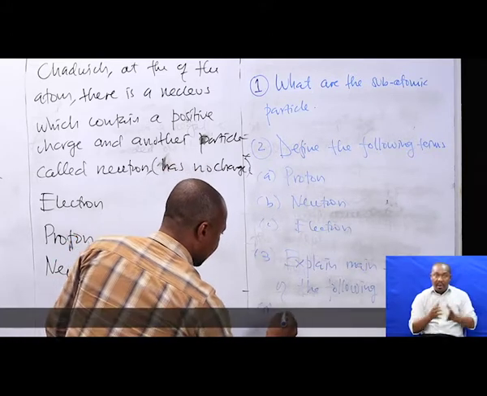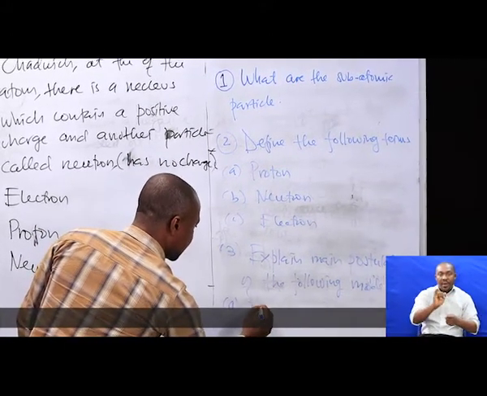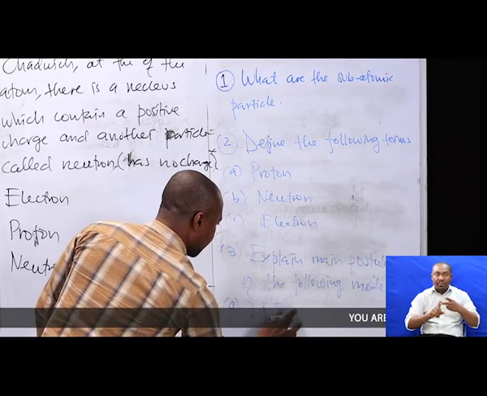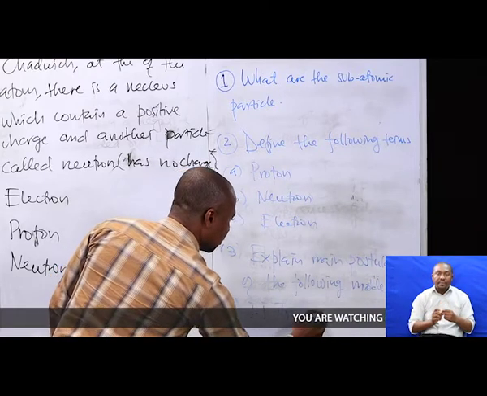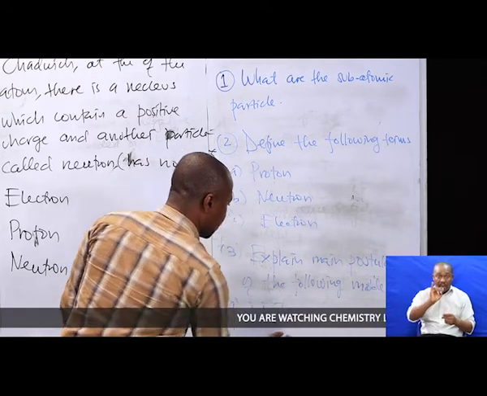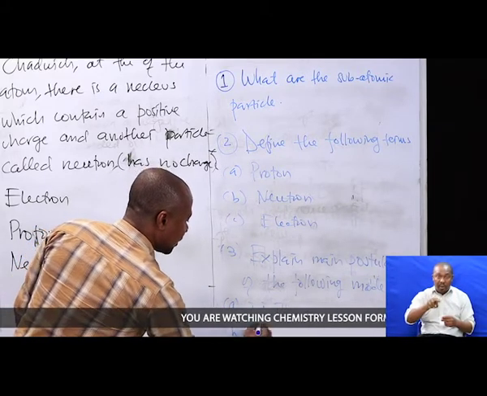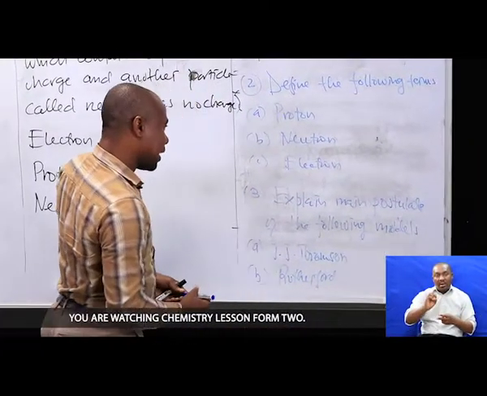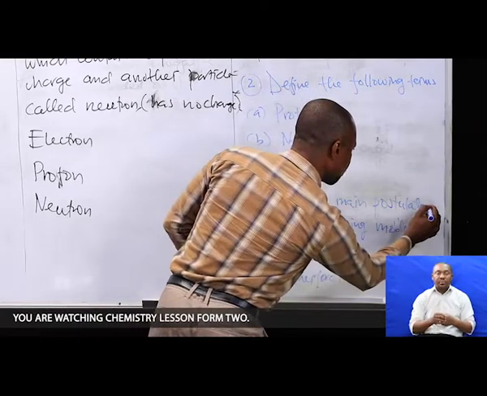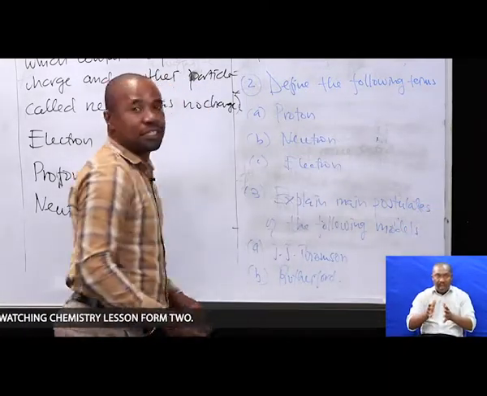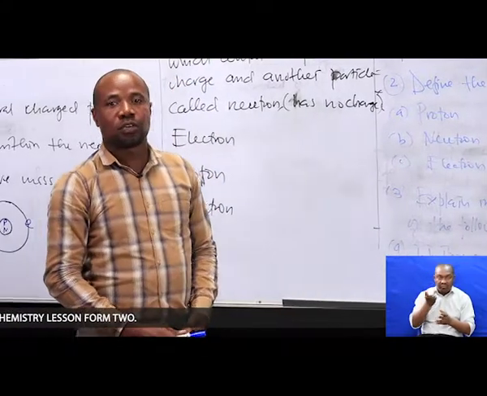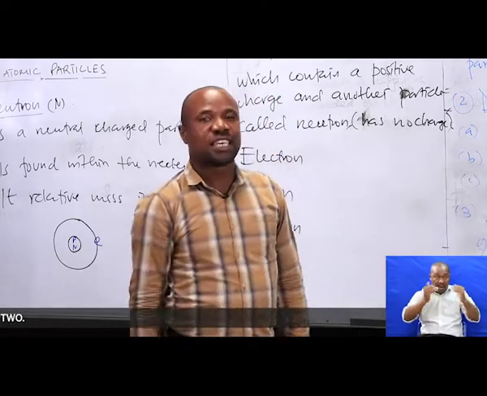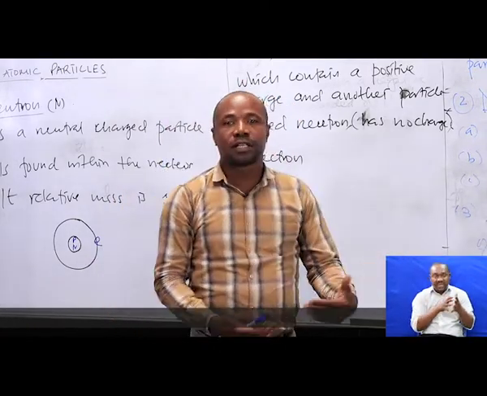A, J.J. Thomson model. B, Ernest Rutherford. Explain the main postulates. If there are 2, 3, 4, just explain. For your level, to explain is just to state it. State 1 is this, 2 is this.